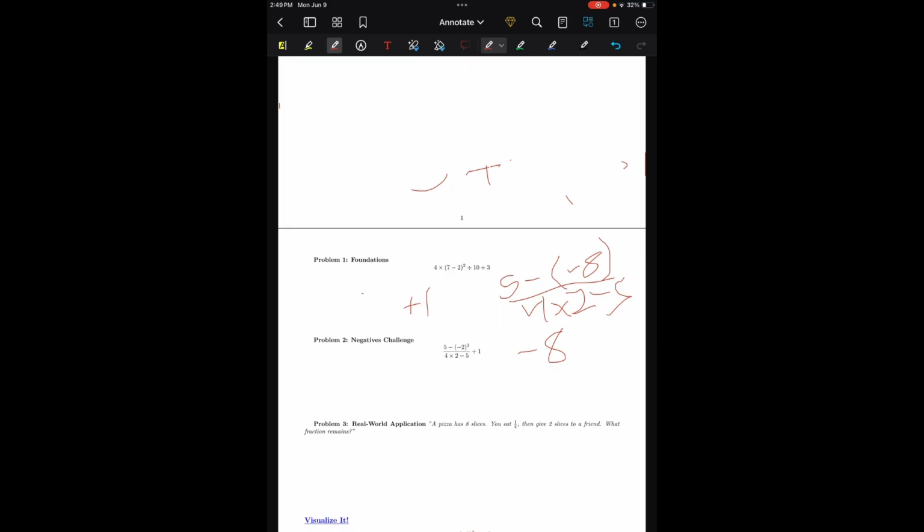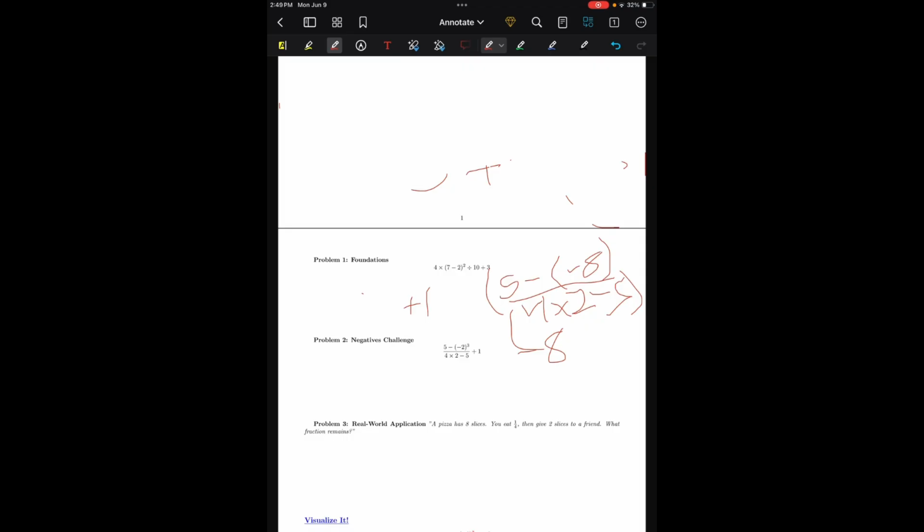Now with division problems, a tricky challenge is that since there's a division sign separating the top and the bottom, we have to assume that each of these are in parentheses.